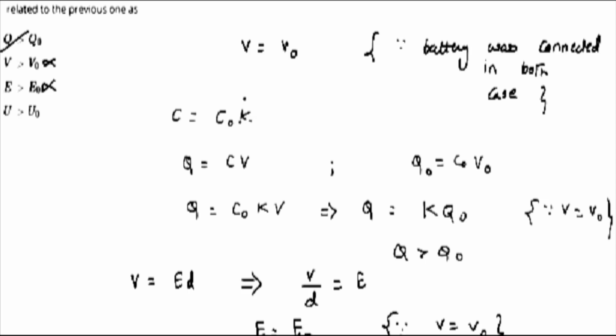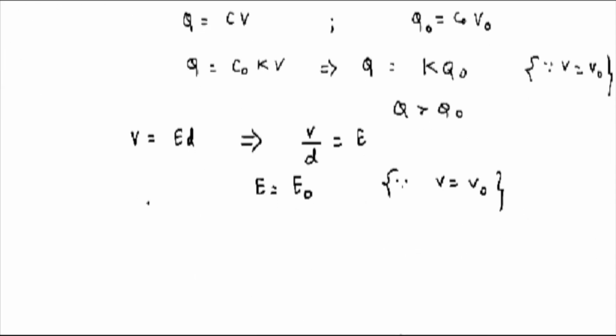Finally, we have to check the energy. So energy, when the dielectric slab is introduced, becomes half CV square, and initially U naught is equal to half C naught V naught square.